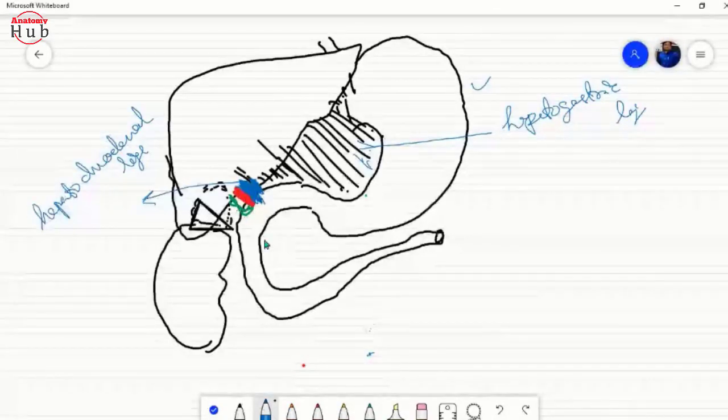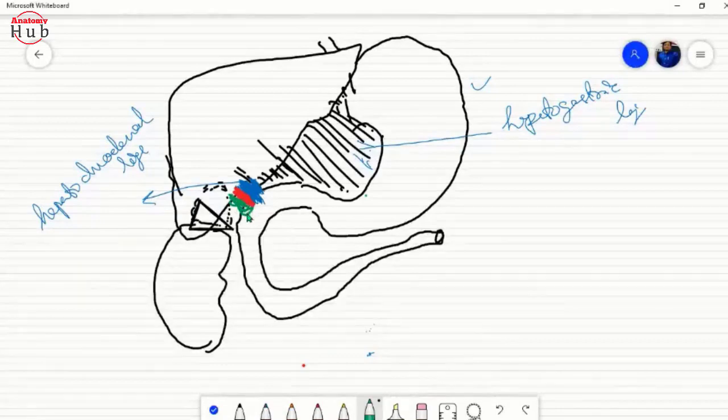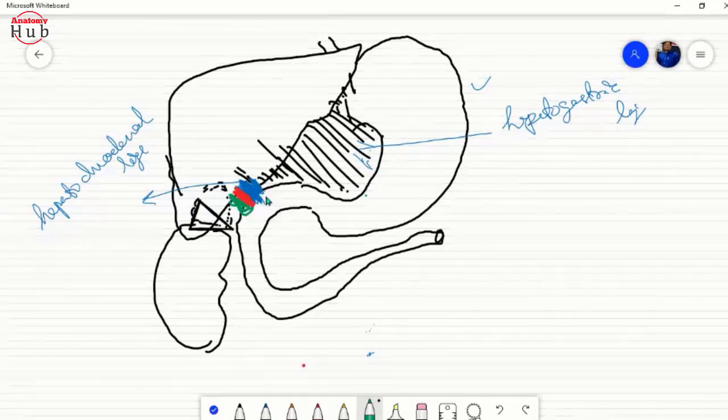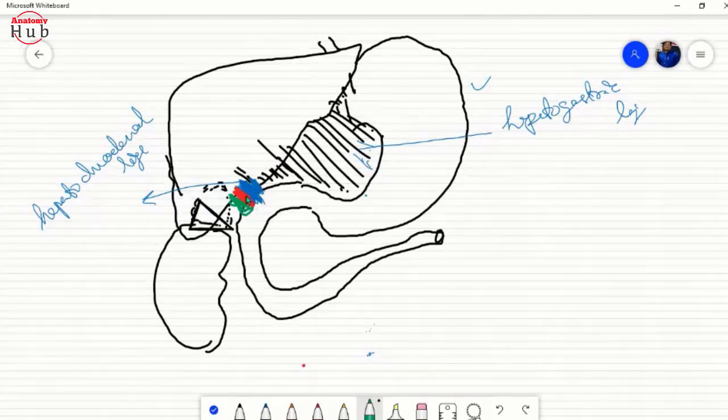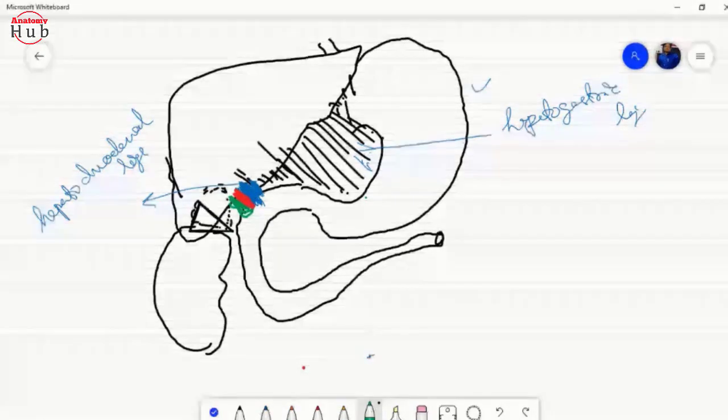This duct is the hepatic duct, right? So these three structures are present at the free margin of your hepatoduodenal ligament.